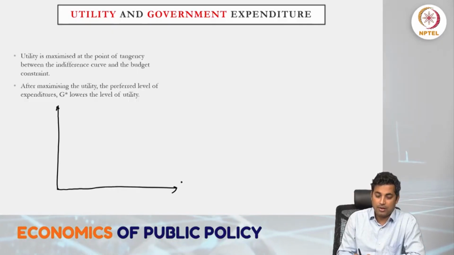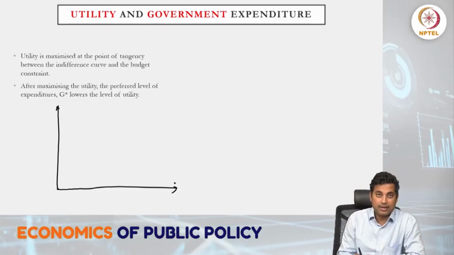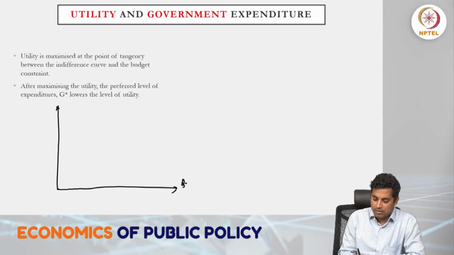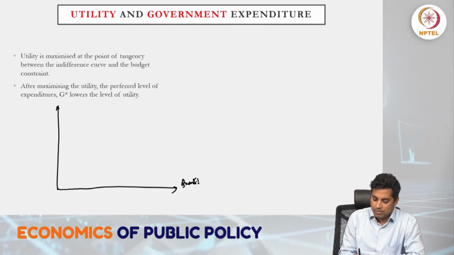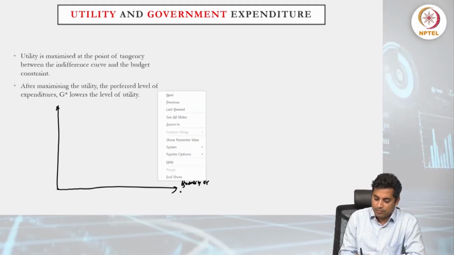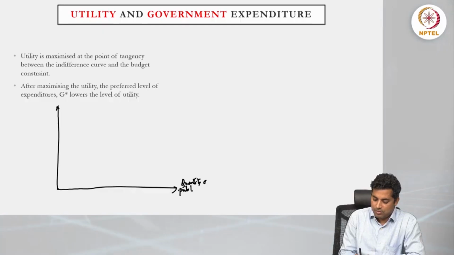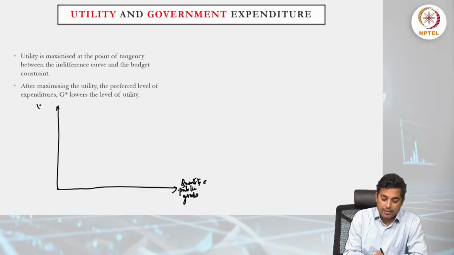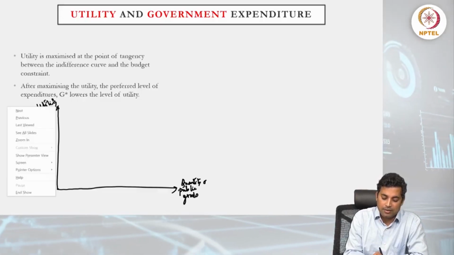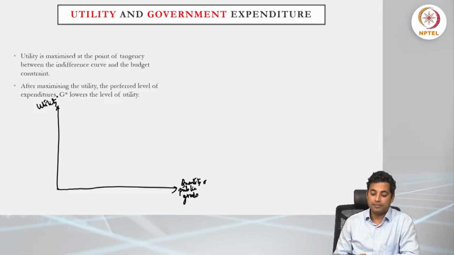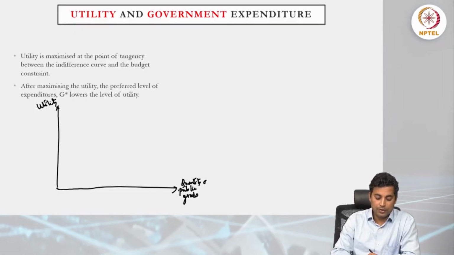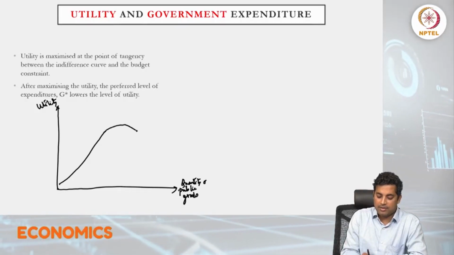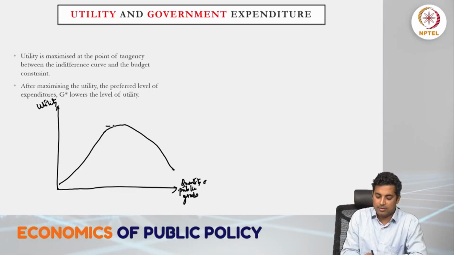Here on the horizontal axis, along the x axis, is again the quantity of public goods, and here we are plotting the utility. Generally, utility will be increasing, then it will reach a maximum, and then it will start declining.